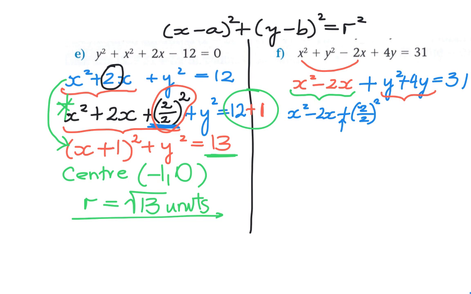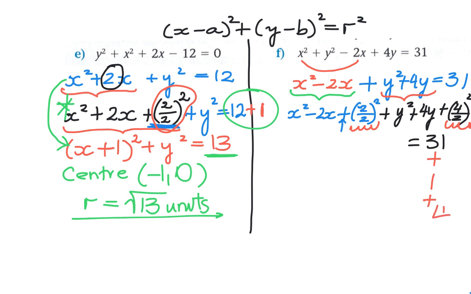Okay, then with the value of y, we've got y squared plus 4y plus 4 over 2 squared, which is then equal to, not 31, but 31 plus this extra term that I added, which is minus 1 squared, which is 1, and this term that I added extra, and 4 over 2 is 2 squared, so I'm adding a 4 also. So I get the following equation.